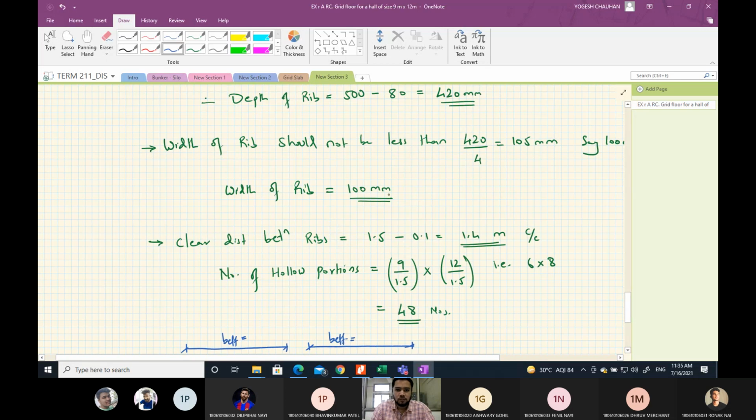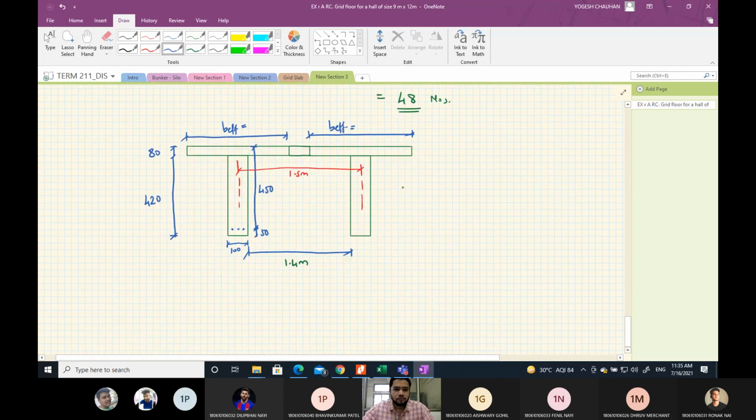You can see this width of the rib is 100 mm. So now let us continue this example.